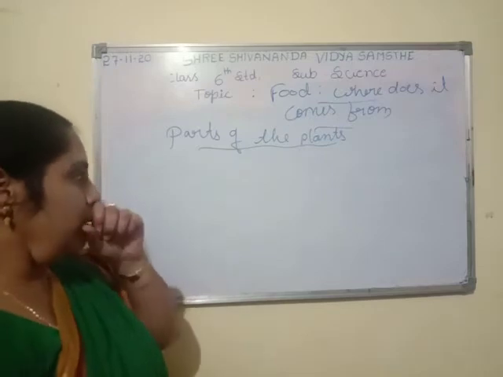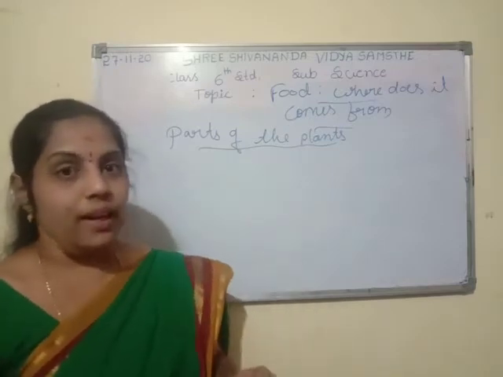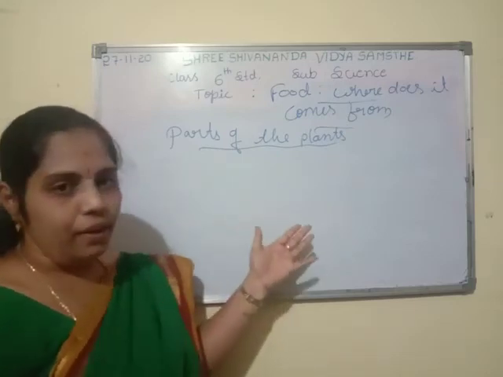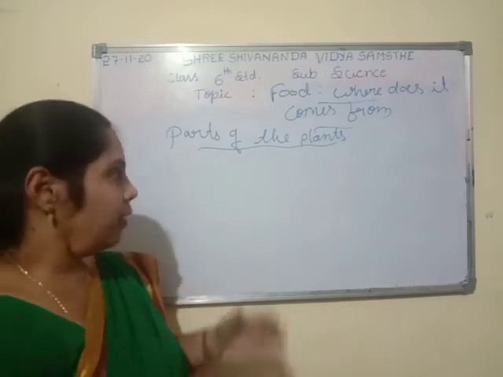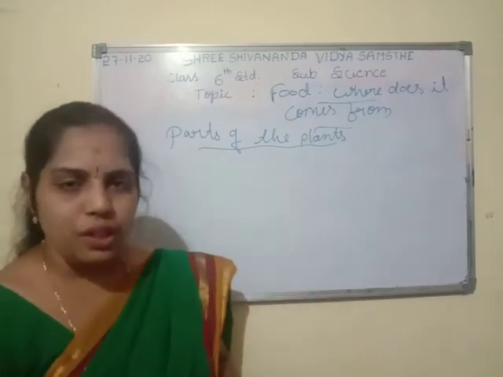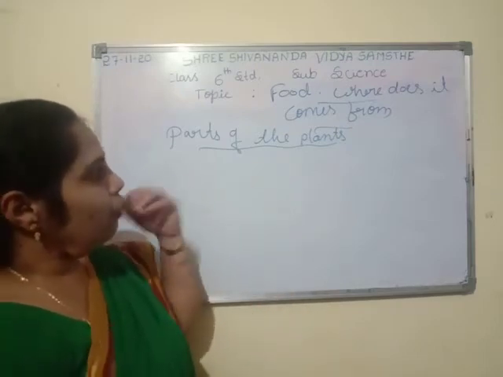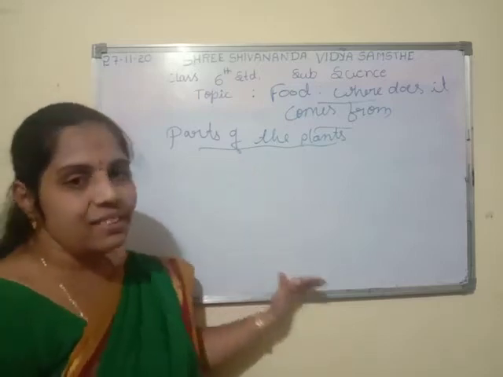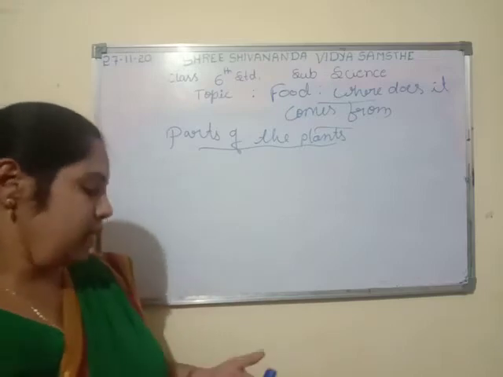Plants are very important in our life. Why? Because they prepare food for us. Let us see how they prepare it. Of course, it is prepared by photosynthesis. If it wants to prepare food, what parts do the plants need? Let us learn about that.